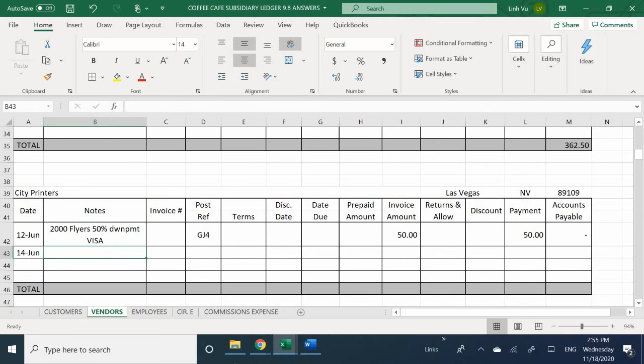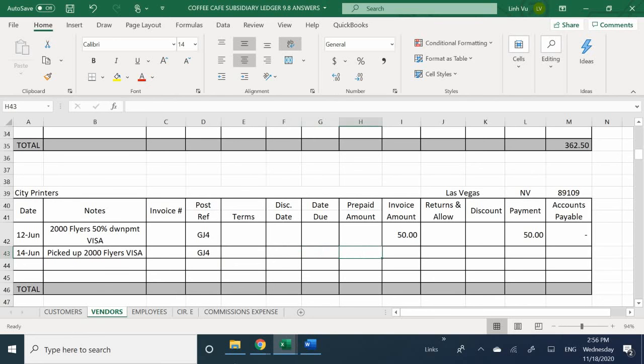So here I'm going to go ahead and say picked up 2,000 flyers. Okay, and I paid with a Visa credit card. Okay, general journal number 4. So again, no terms are applied because I'm buying advertising.